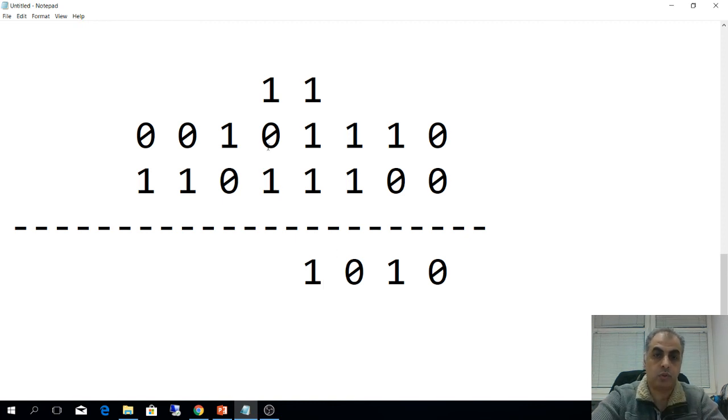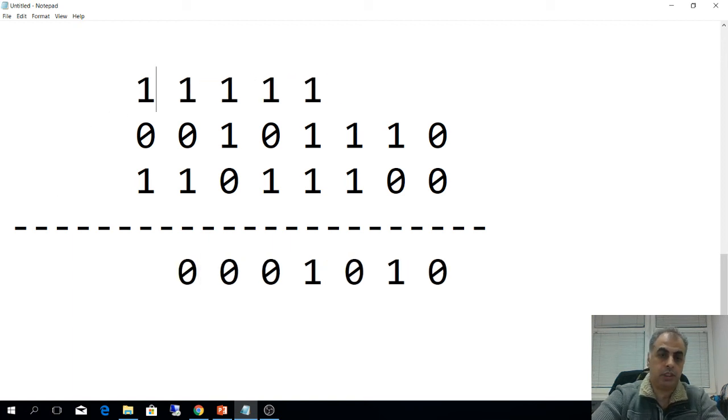From 3 we took out 1, 2. 1 plus 1 is 2. You cannot put 2 here, so 0, and this one package comes back here. 1 plus 1 is 2. We put 0 here, and one package comes here. 1 plus 1 is 2. We put 0 here. This one package comes here. 1 plus 1 is 2.